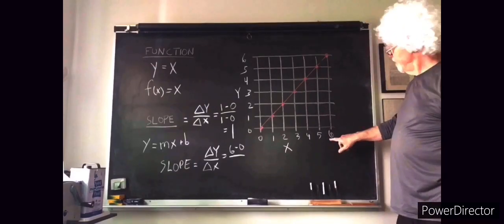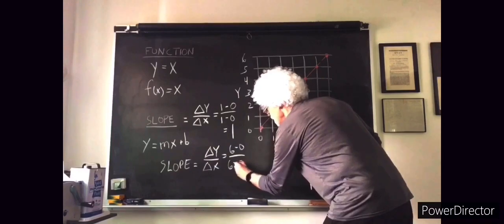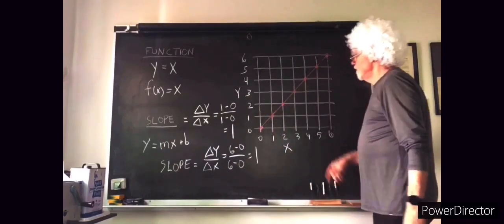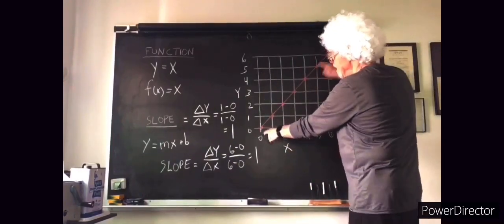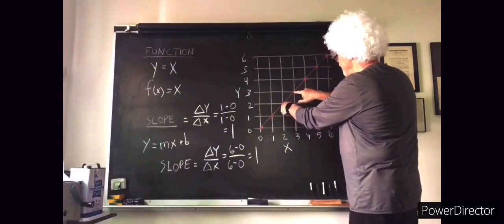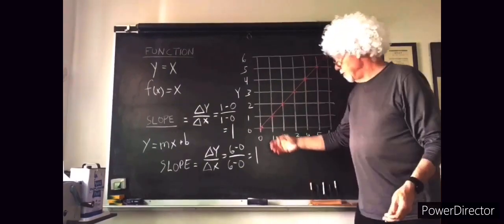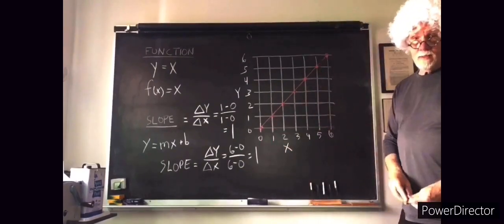And the change in x is 6 minus 0. Which again equals 1. So the slope from here to here is 1, the slope from here to here is 1, and so forth. Slope here to here is 1. Anywhere on that line, the slope is going to be equal to 1 because it is a straight line.